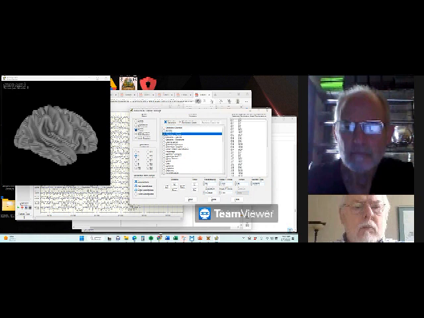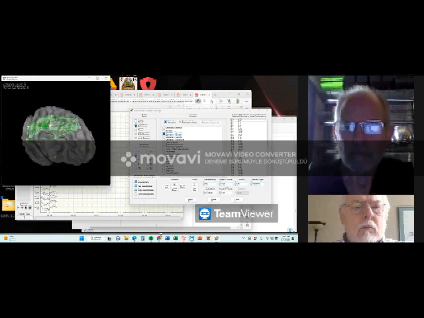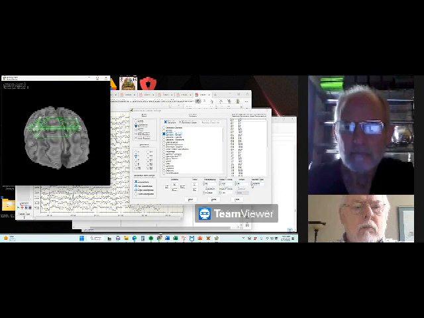We can take a look at the attention network, dorsal. Now, looking at theta phase differences, I can look at coherence. And the goal here is to keep these things green. We need more colors.